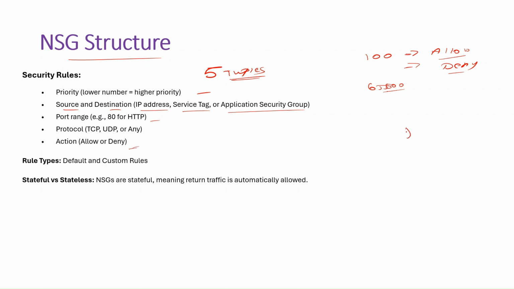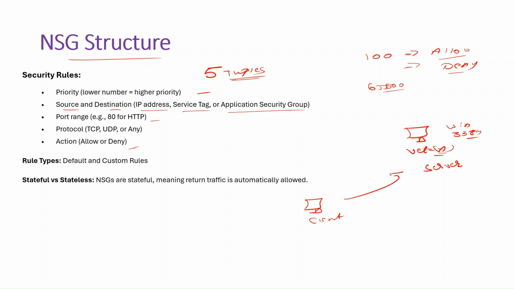Consider now I have a virtual machine hosted in a VNet called VNet A. This VM is a Windows VM, and I allowed port 3389 to connect. Now the connection is established from one of the client PCs to this server.